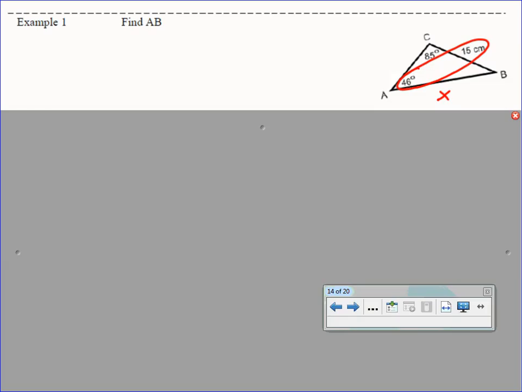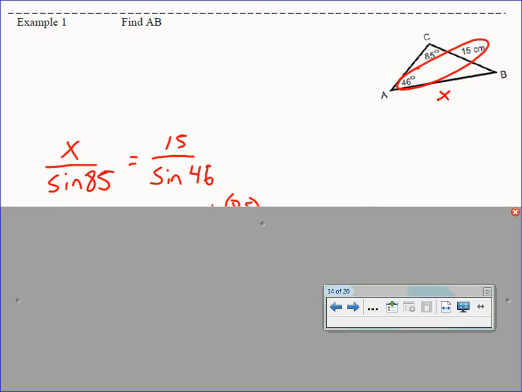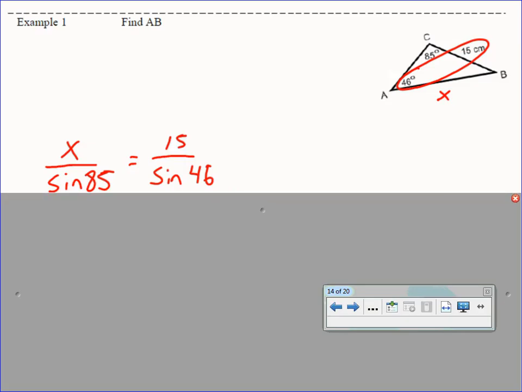Therefore, this problem can be solved using law of sines, and that's simpler in its form than law of cosines. So we'll start off with a ratio. I choose to put my unknown side length on top. So I'll do x is to sine of 85 degrees, just like 15 is to sine of 46 degrees. So everybody start off with our law of sines ratio.